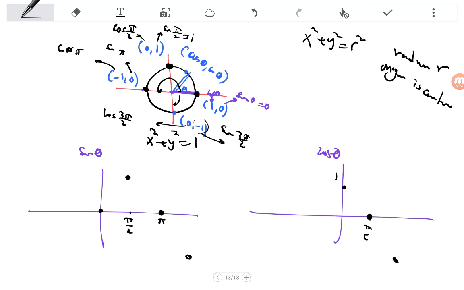Then I repeat my cycle again. I'll just start at the same point from which I started. Okay, so I'll start again here from the first point. It'll be like this, and that will be like this. So the graph will be something like this.